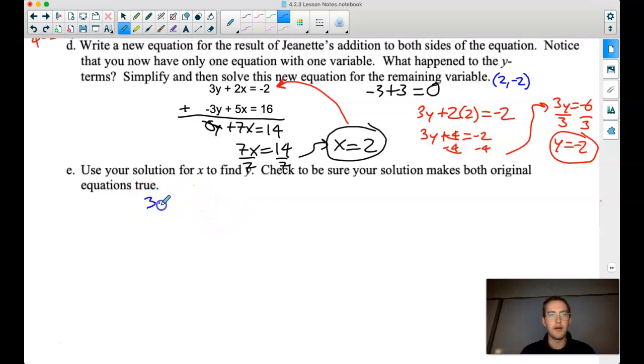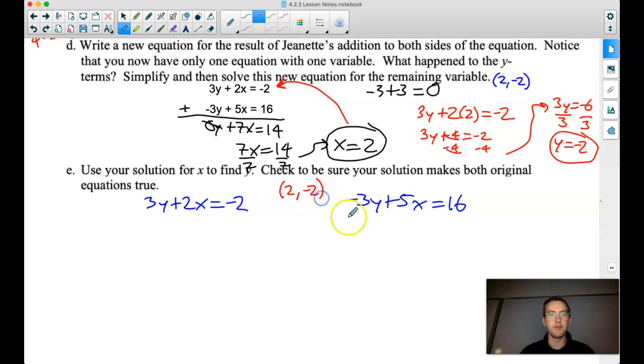We have 3y plus 2x equals -2. Our second equation is -3y plus 5x is equal to 16. Knowing that our answer as an ordered pair was (2, -2), we can plug in our answer and then solve. And if both sides of our equal sign are the same, then we know we did our job correctly.